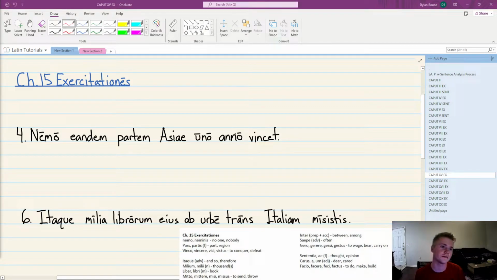Chapter 15 was about the numbering system using cardinal and ordinal numbers in Latin, and also introducing the genitive of the whole, or the partitive genitive as I know it. So not only do we have possessive genitives, of ownership kind of, we have parts of groups, right? So that kind of plays into why we've introduced the numbers.